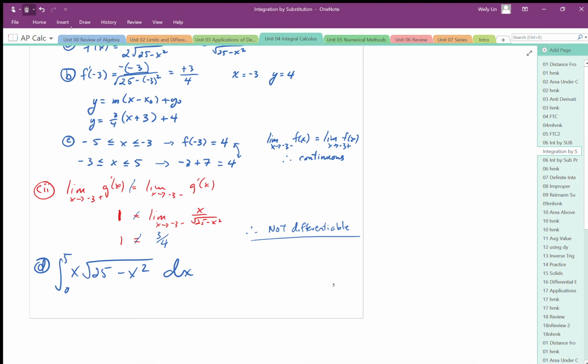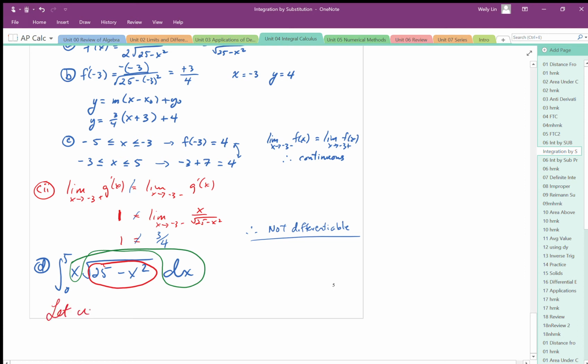When I look at my substitution, again, there's an inside part, and as I differentiate the inside part, it seems to accommodate the outside part, because the derivative of x squared is going to be 2x. So I'm going to try that, and it should work. I'm going to let u equal the inside.